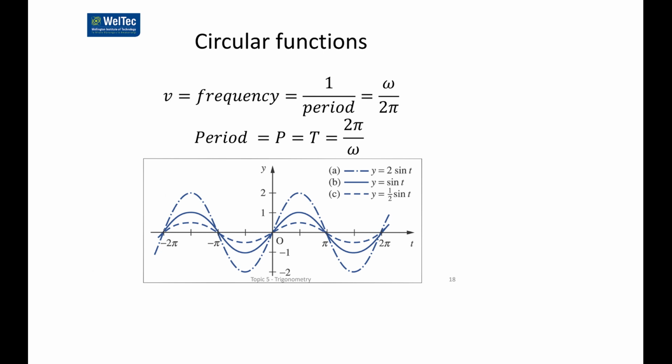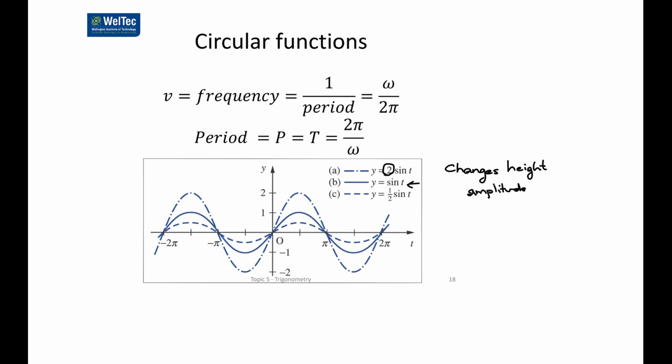In this diagram here, the solid curve is B, where we've got sine t. Now the top one is 2 sine of t, and that changes its height. We call it the amplitude.